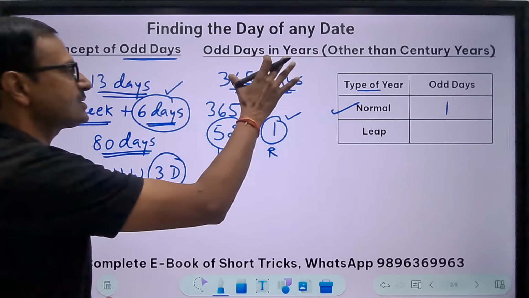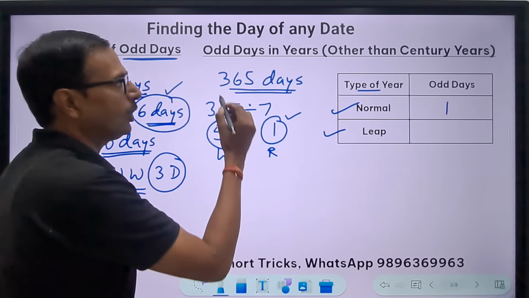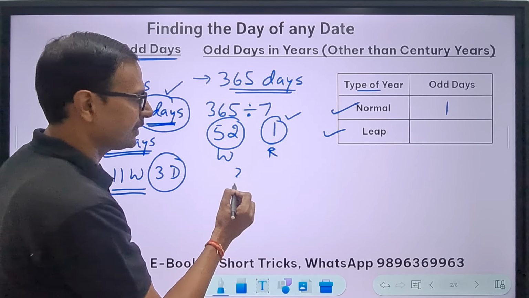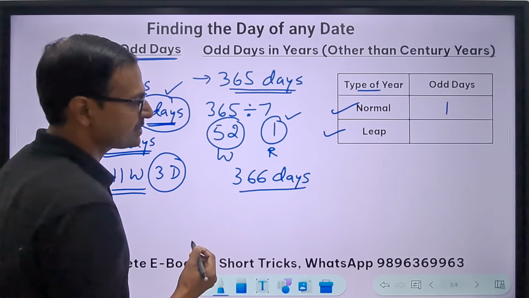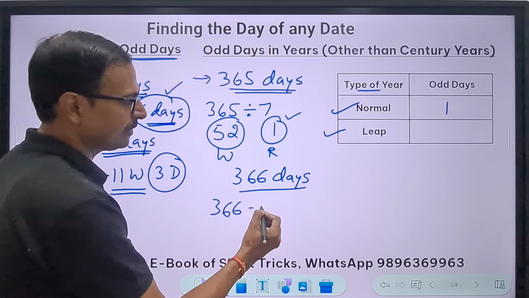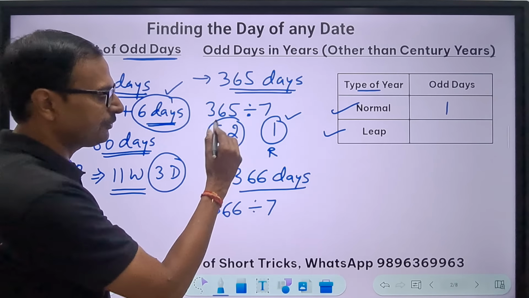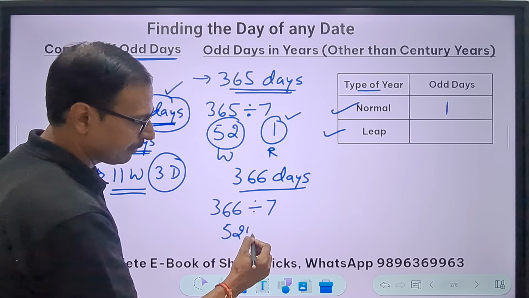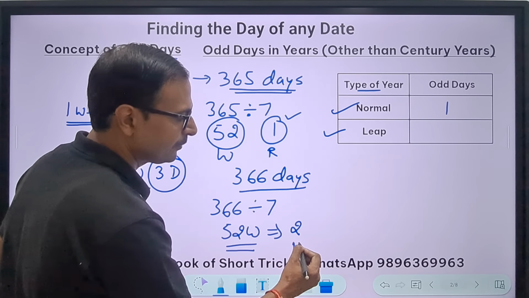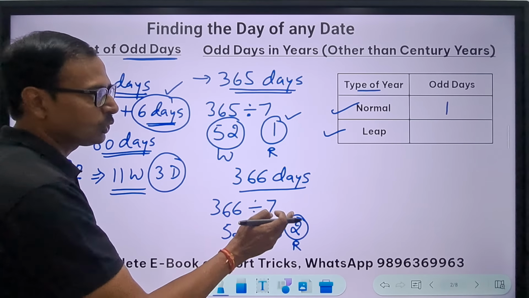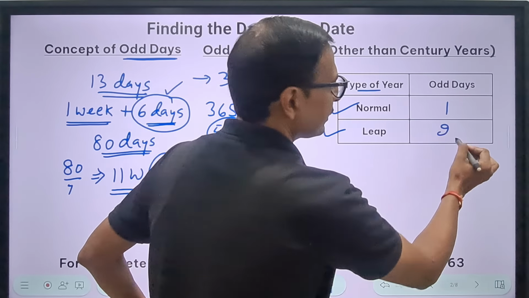Now if we extend this concept to a leap year, we all know that a leap year has 366 days. So if you divide 366 by 7, you will again get 52 complete weeks. But apart from that, you will have 2 as the remainder, and therefore there are 2 odd days in a leap year.